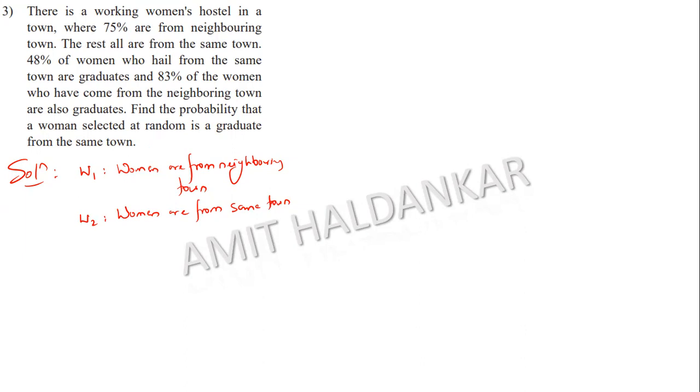Now, 75% are from the neighboring town, so I say the probability of women from the neighboring town is 75 by 100, which is 3 by 4.